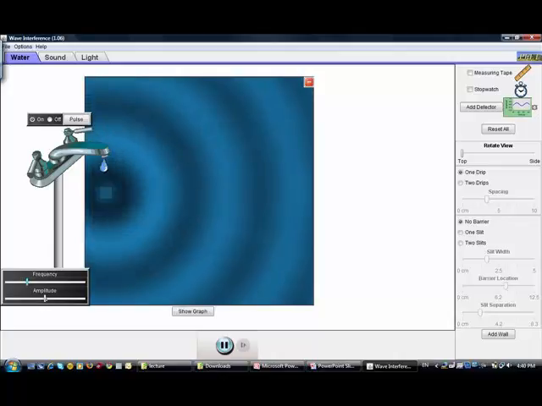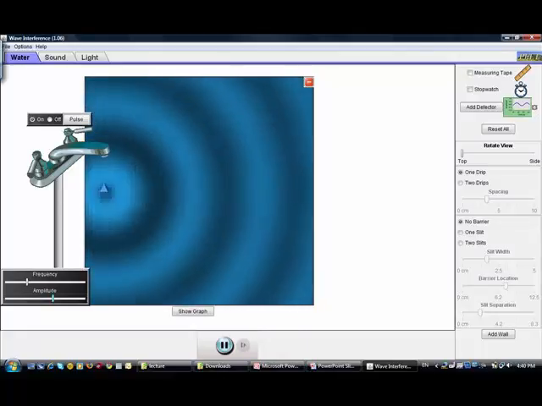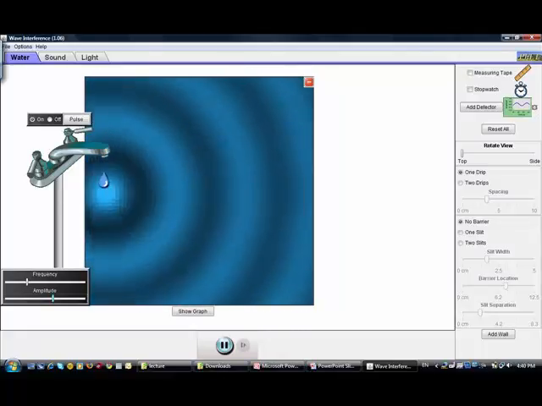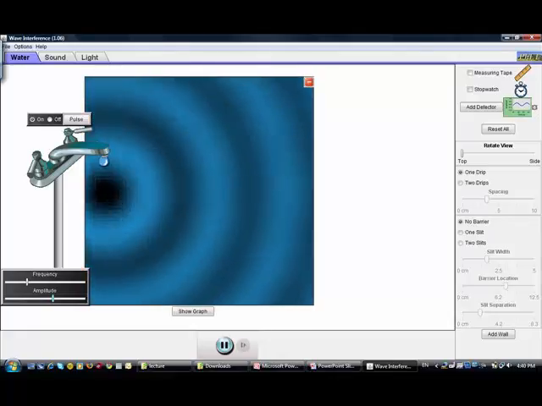It's also going to determine the amplitude of the wave. Now, this is applicable to water waves, sound waves, light waves, all types of waves. We'll go back to the simulation a little bit later when we discuss light.